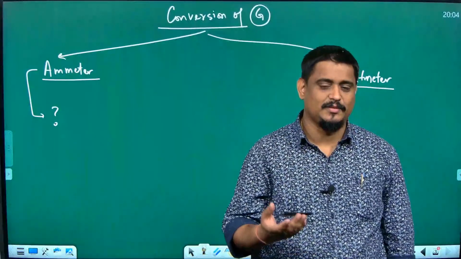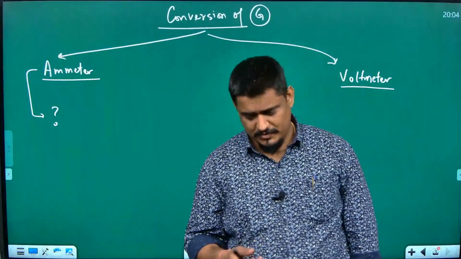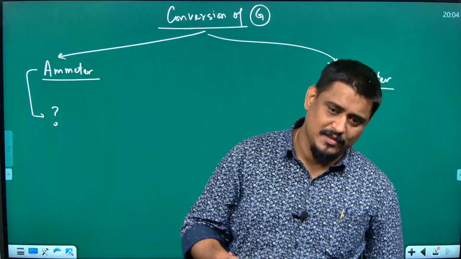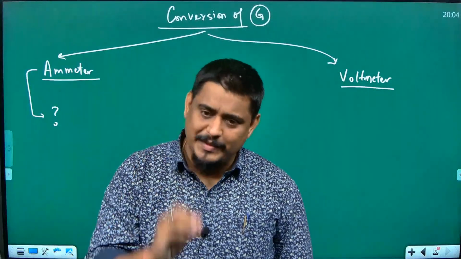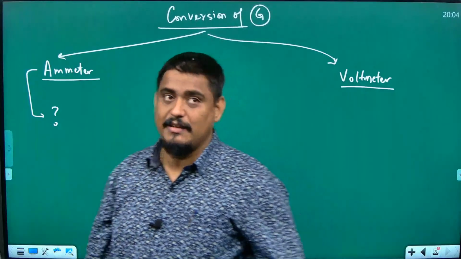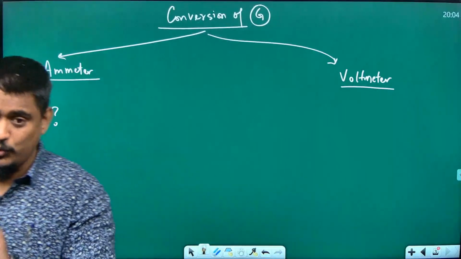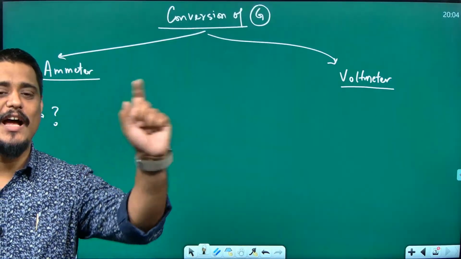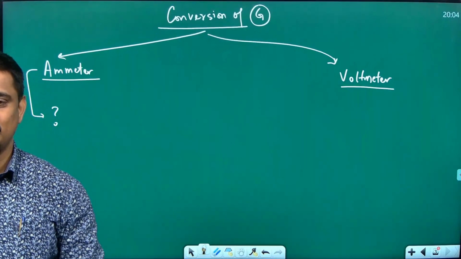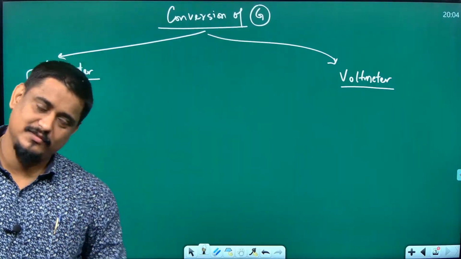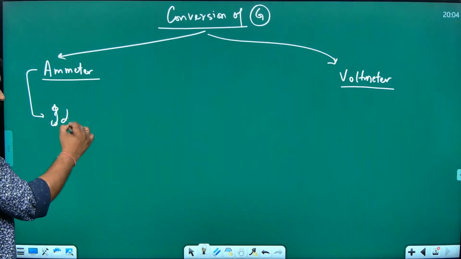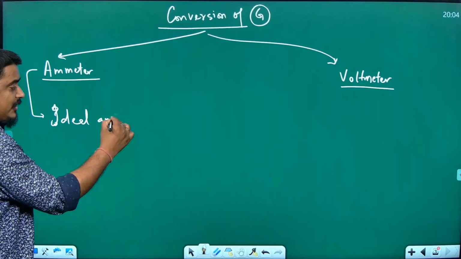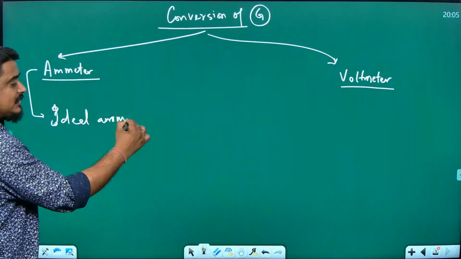Don't talk anything about galvanometer. My question, like this I will put, and this question has come in the board exam also, MCQ: an ideal ammeter should have dash resistance. Zero resistance. Correct, 0. So always remember, an ideal ammeter should have how much resistance?